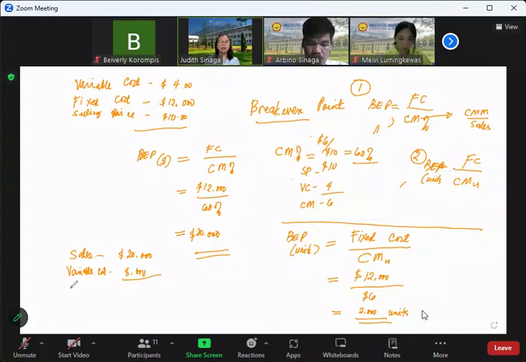And then you have the contribution margin of 12,000, and then you have a fixed cost of 12,000. So there is no gain or loss. Net income is 0, net loss is also 0.